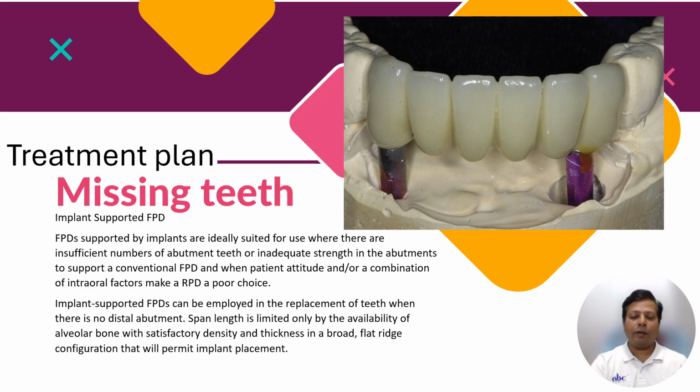So implant supported fixed partial dentures can be used in replacement of teeth either in a single missing tooth directly or in a long span as a bridge, which is limited only by the bone available and not by the presence or the status of the teeth that are present.